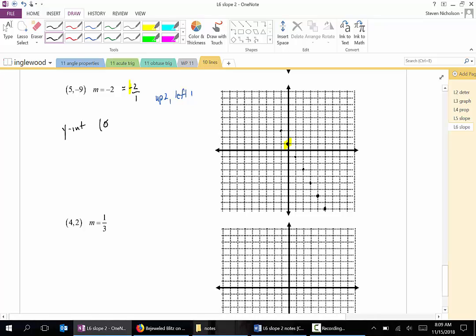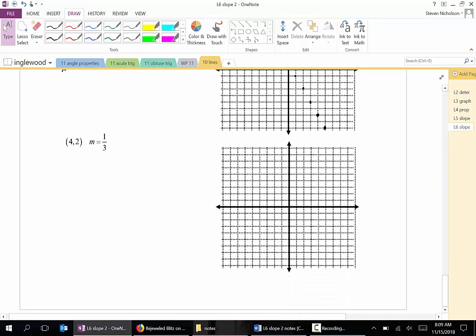It's 0, 1. What do you think the x-intercept is? And if you drew quite an accurate picture, you could probably see that it is 1/2 or 0.5, 0. Instead of going up 2 over 1, we go up 1 over 1/2.